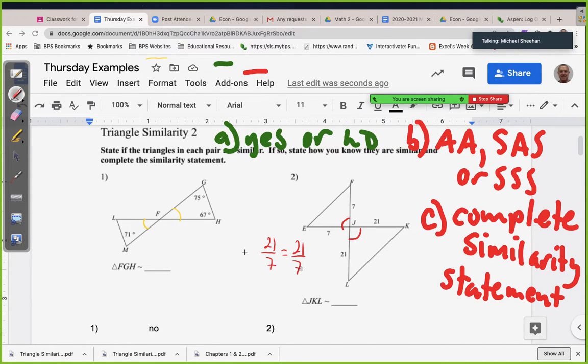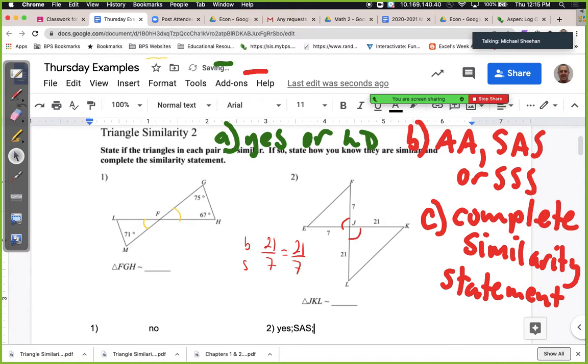I did the big triangle on top and the small triangle on the bottom. So this is a yes. I'm going to go down here and type in yes. And the reason is side angle side.